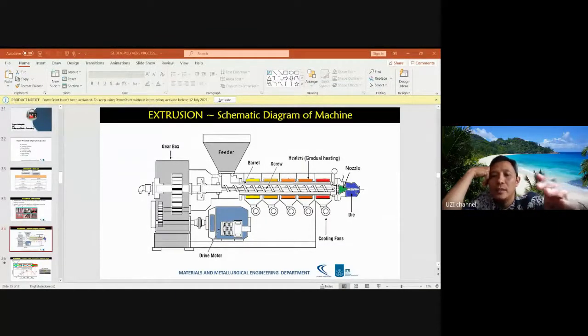Maybe the strategy is to use step annealing. For example, in the first initial annealing process you take, for example, 100 degrees C and hold it for some time, then increase again, hold for some time, until you reach the final annealing temperature you want.